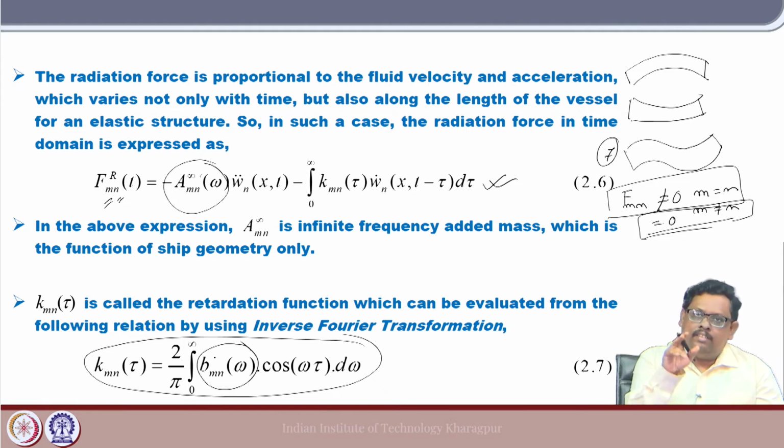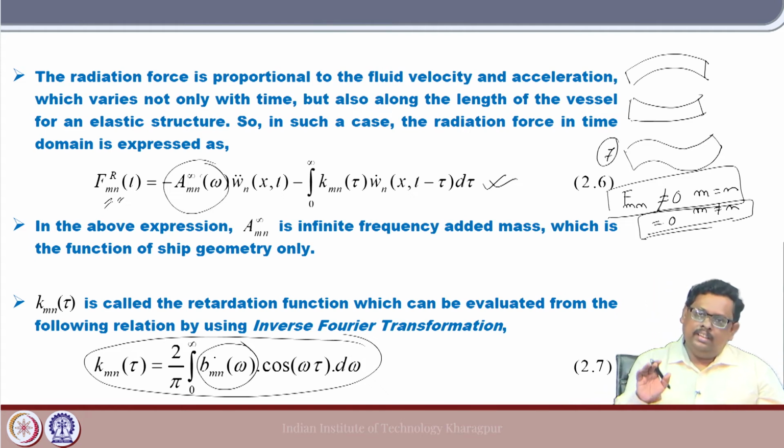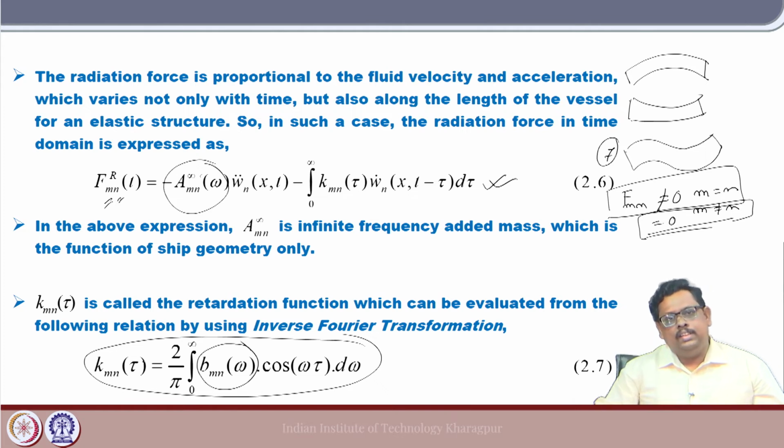When we discuss the references, we will discuss the paper where you can at least get the frequency domain added mass and damping coefficients. But anyway, the idea is the same: in order to get the time domain K_mn and tau, you need to know the frequency domain added mass and damping data for the flexible structure also.